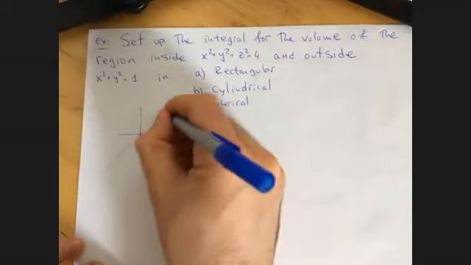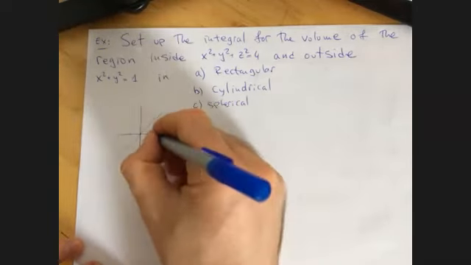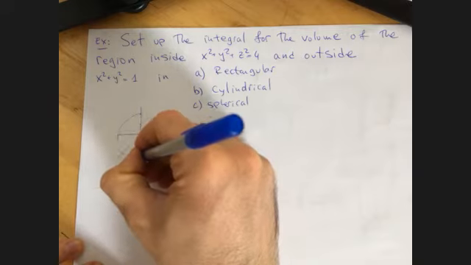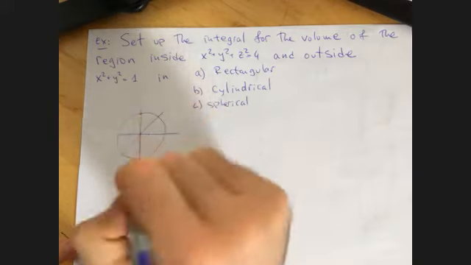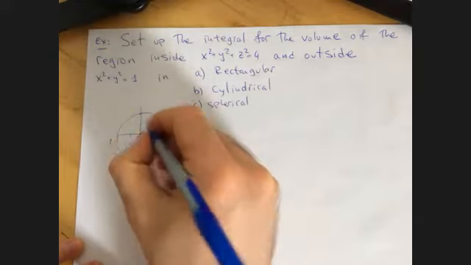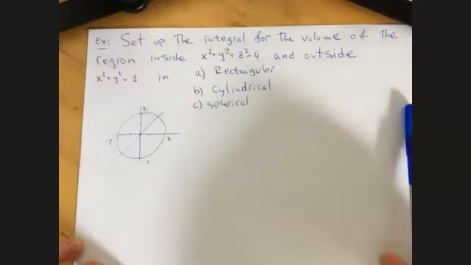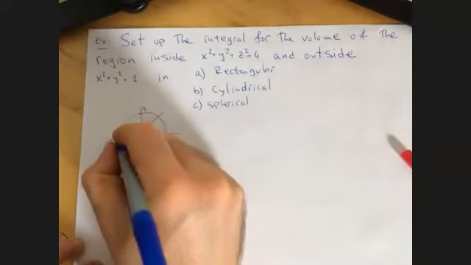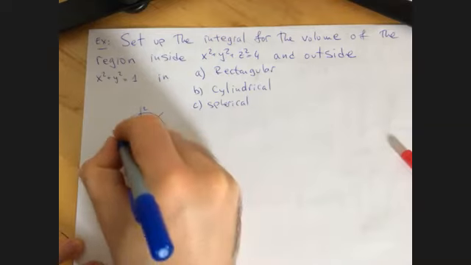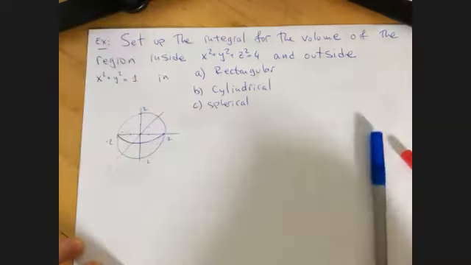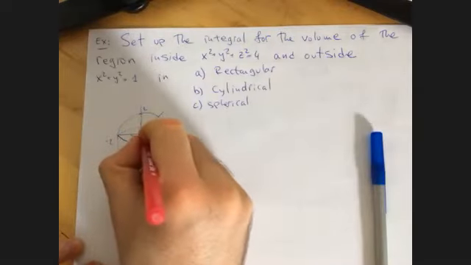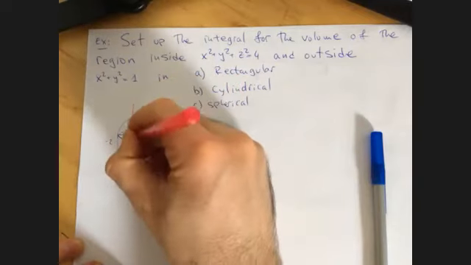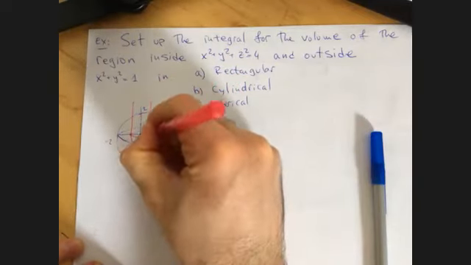So I have a sphere with radius 2. Then inside I have a cylinder with radius 1.